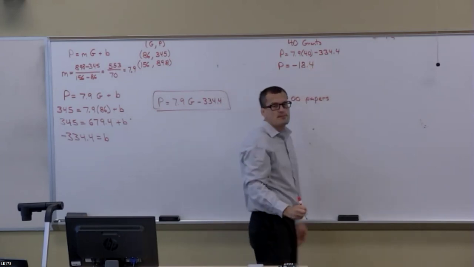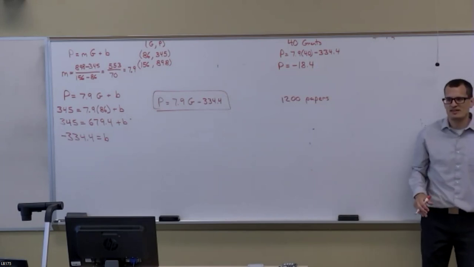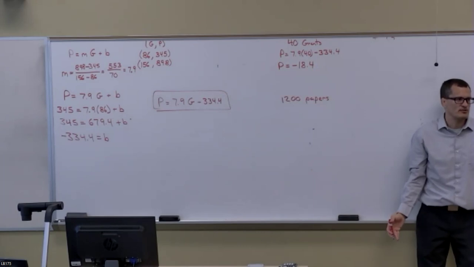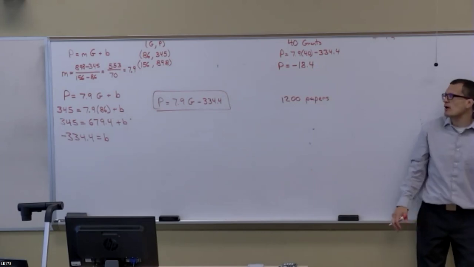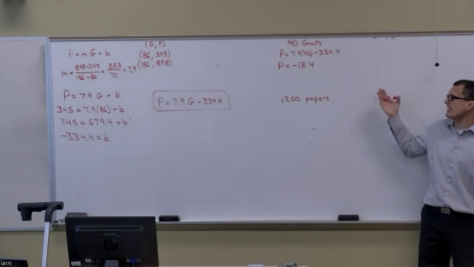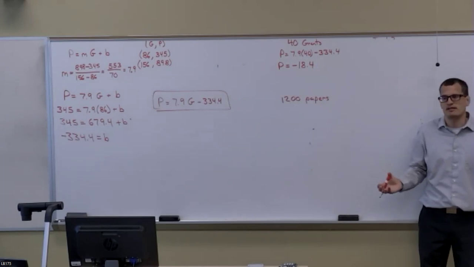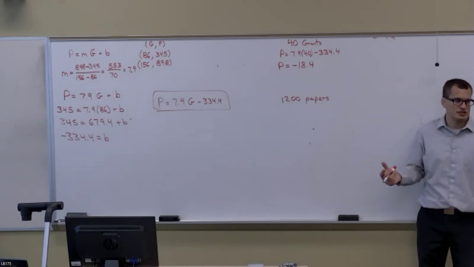Now, that's a reasonable thing mathematically. In practicality, we can't publish negative amounts of papers. So this is an example that shows you some of the downfalls of doing modeling, right? We get answers on occasion that don't make sense in the real world.